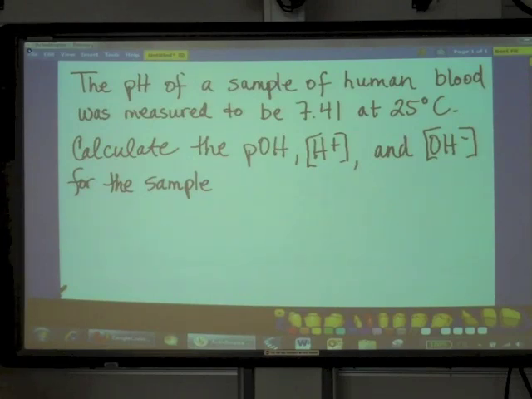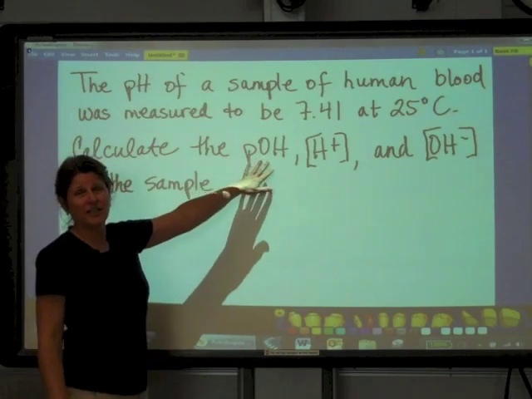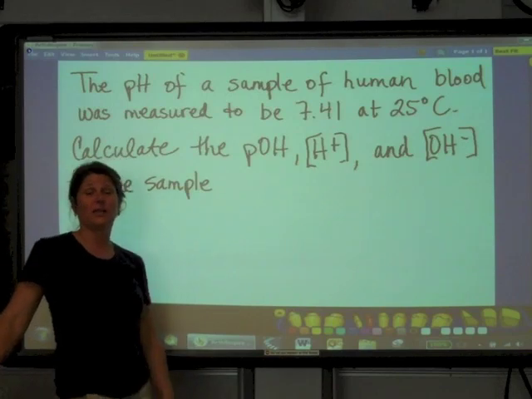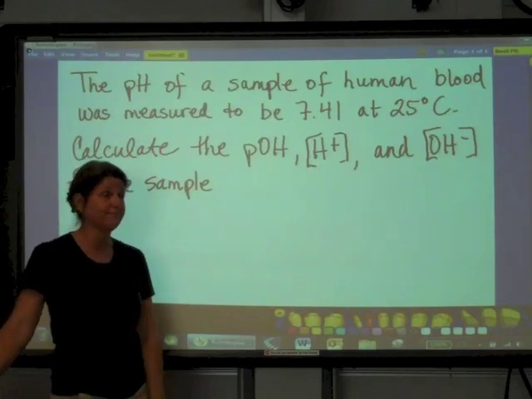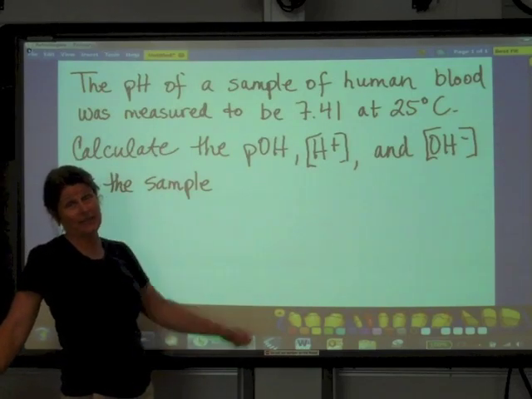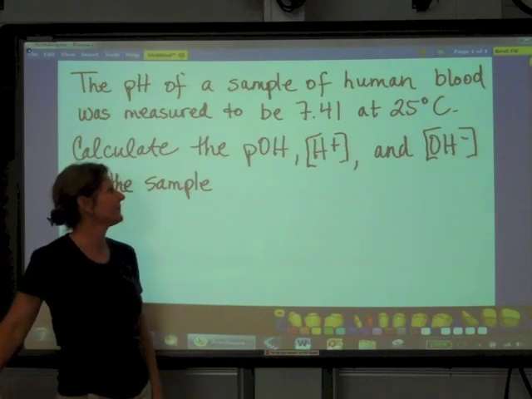What do you suppose the pOH is? The negative log of the hydroxide ion concentration in the solution. P always means the same thing, the negative log of.